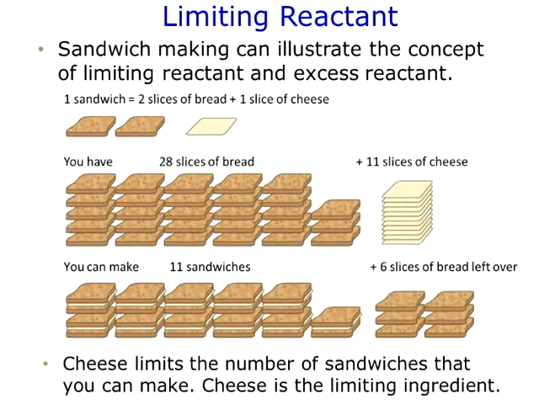Therefore, the limiting reagent, or the limiting ingredient, is the number of cheese slices. In other words, we can only make as many sandwiches as the slices of cheese will allow. So the cheese in our example would be the limiting reactant, and the bread would be in excess. We'd have excess bread or leftover bread, 6 slices left over, and we will have consumed all of the cheese.